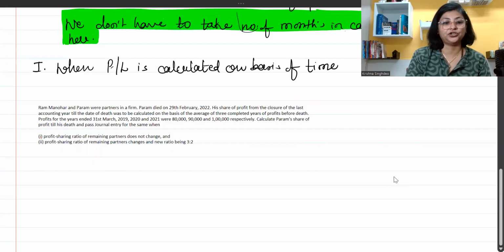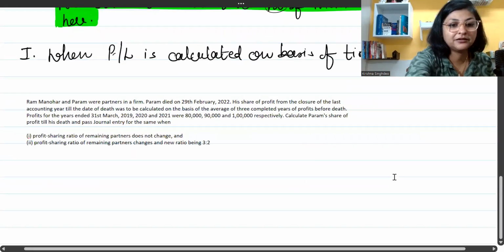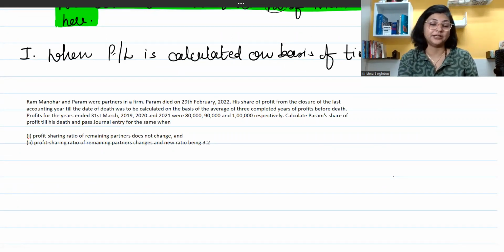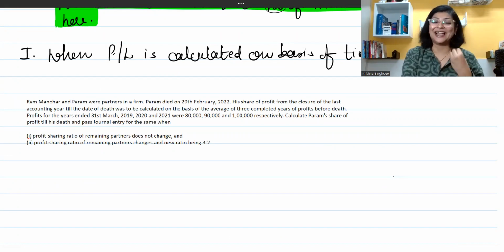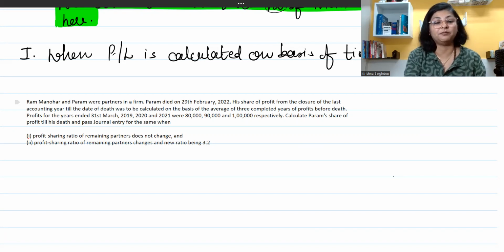You can see one question over here. Ram, Manohar and Param were partners in a firm. Param died on 29 February 2022. This means he survived all of 11 months, and during the last month he passed away. His share of profit from the closure of the last accounting year till the date of death was to be calculated on the basis of the average of 3 completed years of profit before the death.